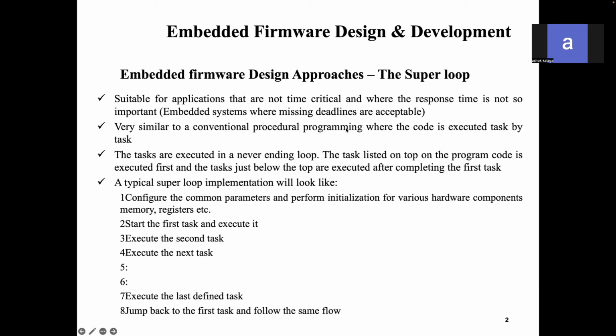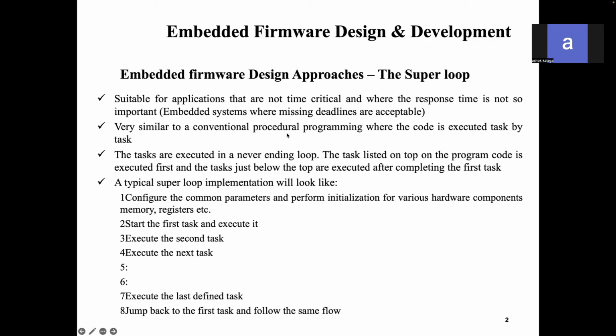This approach is suitable for applications that are not time critical, where the response time is not at all important. That means if you want to design an embedded system where missing deadlines is acceptable, even though a task has a deadline and it is missed, you can use the super loop based approach.